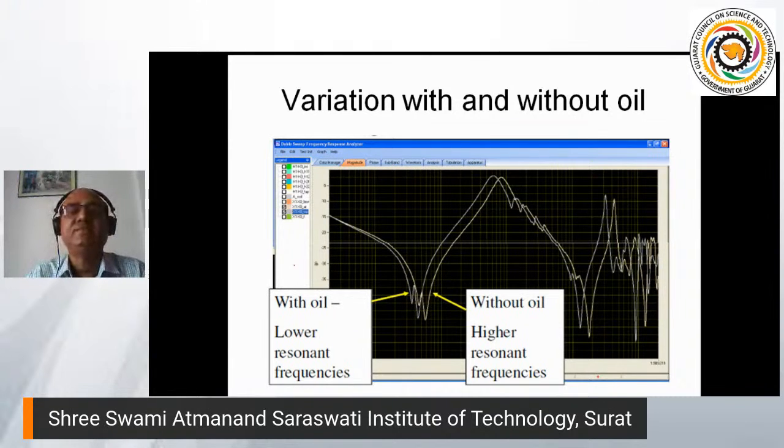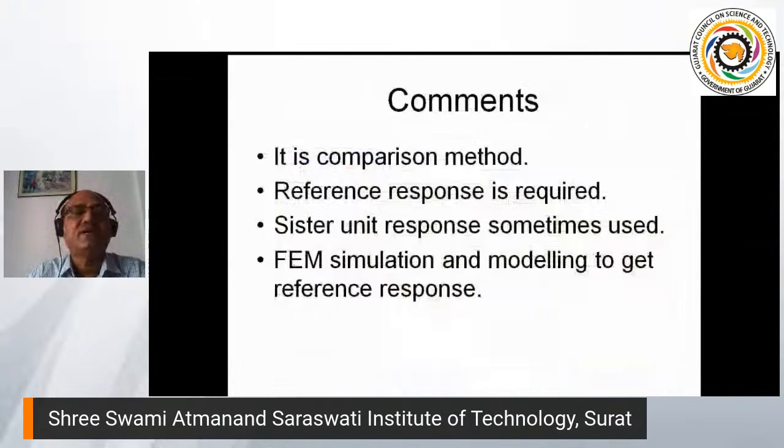With and without oil you will have a different permittivity, so the capacitance will change, and hence it is natural to have different responses. So that also has to be checked. It should be at the same condition, right?